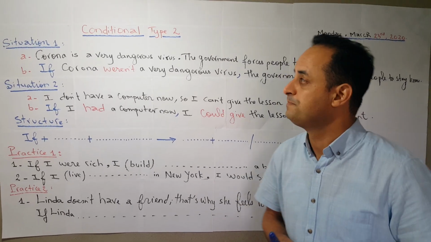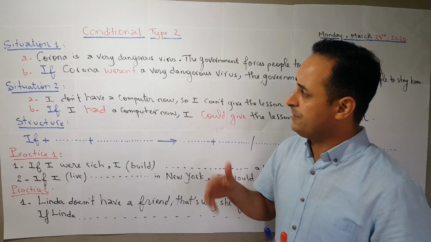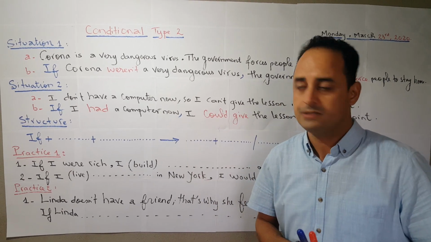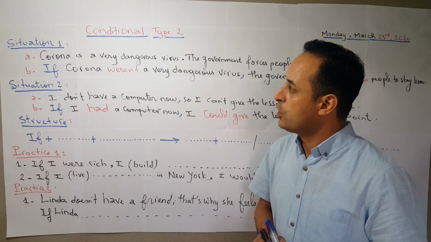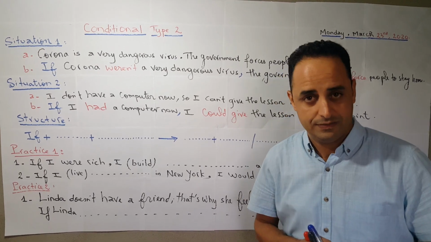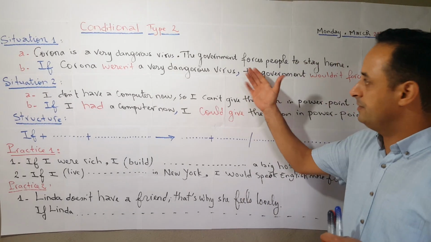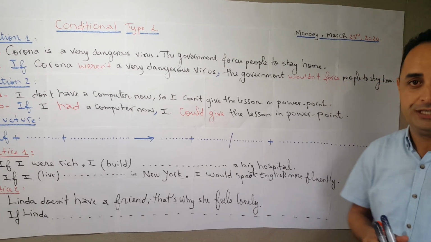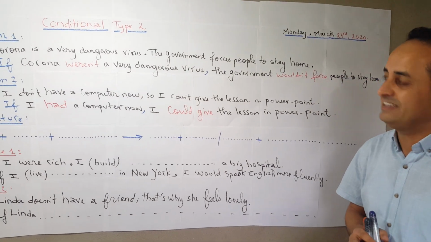Okay, let's get started. The first thing, let's read those two situations. First one, Corona is a very dangerous virus. The government forces people to stay home. This is our case.